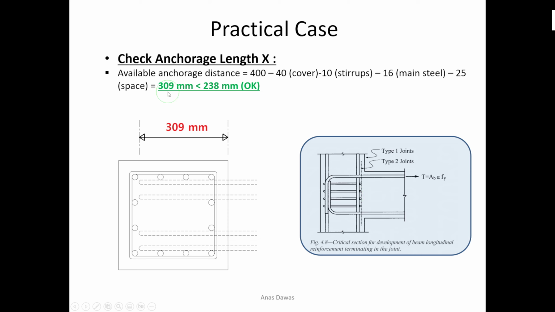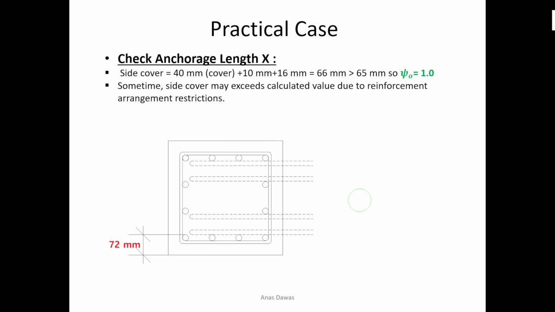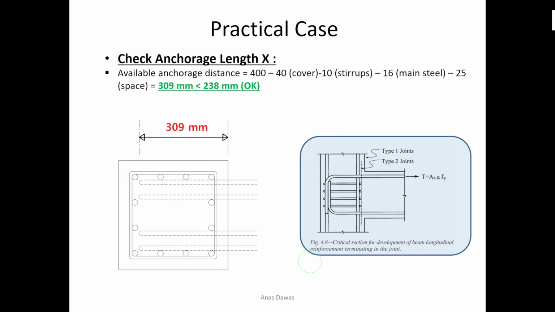Anyway, in our case, we satisfied LDH for the top bars, but I have to check this condition and this condition to see if I am right to use a value equal to 1. For the side cover, if I need to use a factor equal to 1 in this equation, the bars should be developed inside the core of the column, and the side cover to the bars should be at least 65 millimeter.